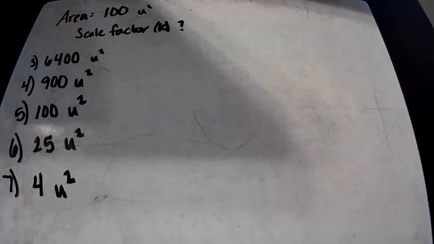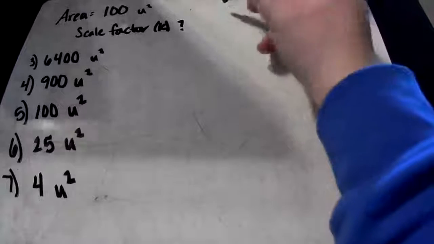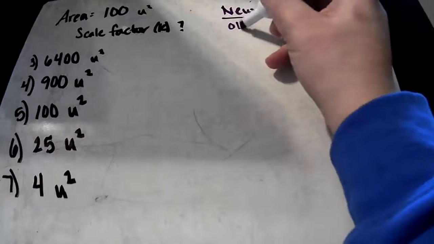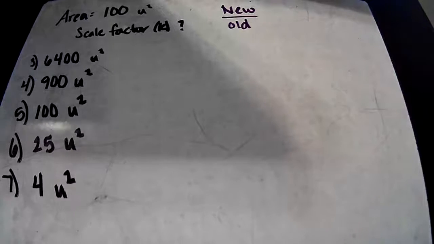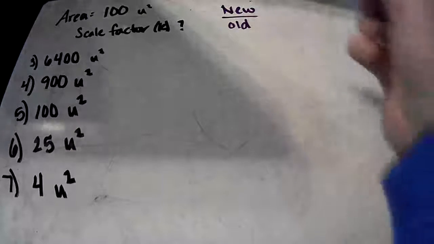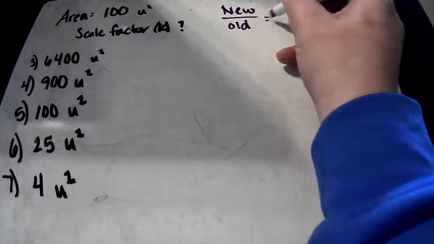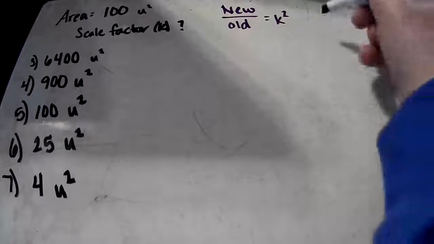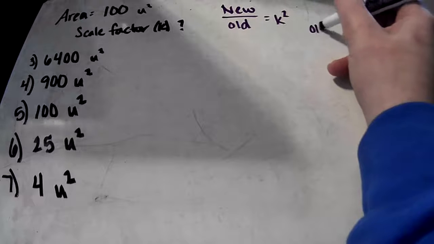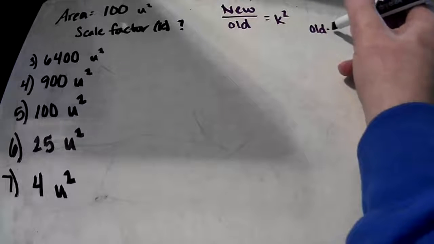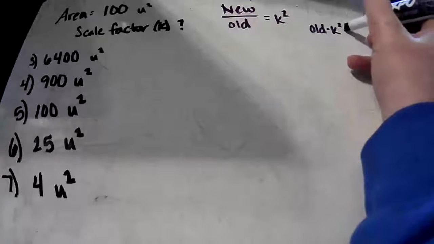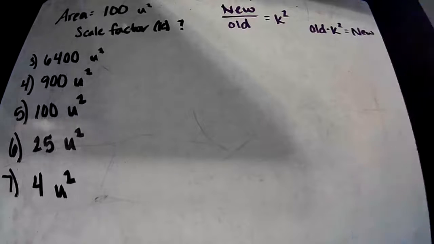In this lesson, we learned that we could take the new area divided by the old area. When we do that division, that actually gives us the scale factor squared, because if we take the old area and multiply it by the scale factor squared, that's how we get our new area.